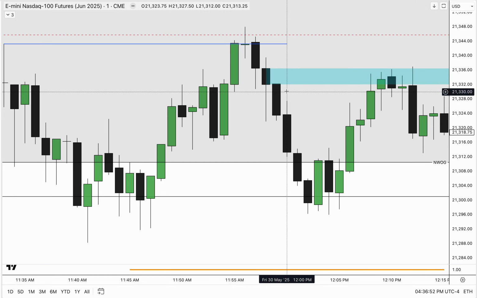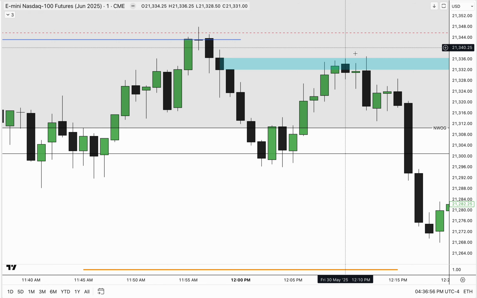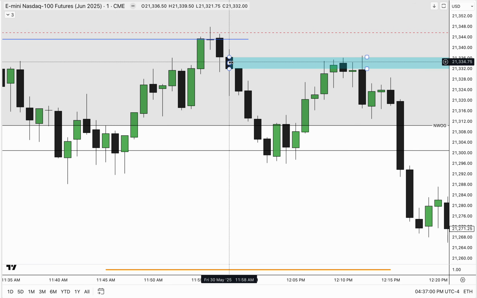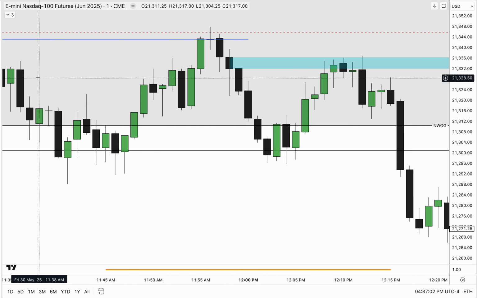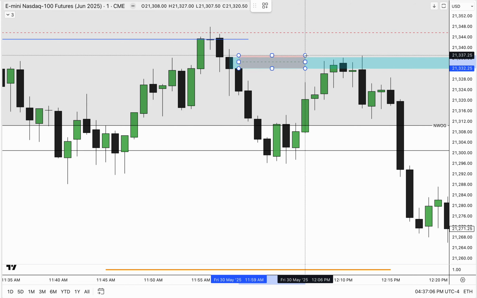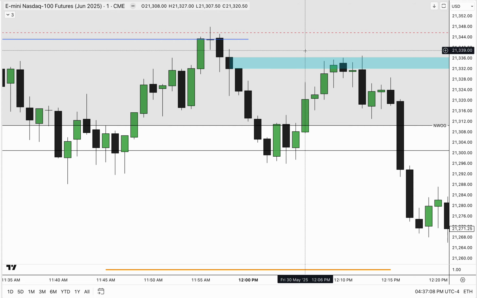Here's that thing I was talking about, wickless candle, no buy side delivery. We come up, we fill it, we run lower. I don't know what to call that, like I said, but just know that that's unbalanced. That's just an unbalanced range, and you have to consider that. There's no fair value gap above. There's no volume imbalance above.